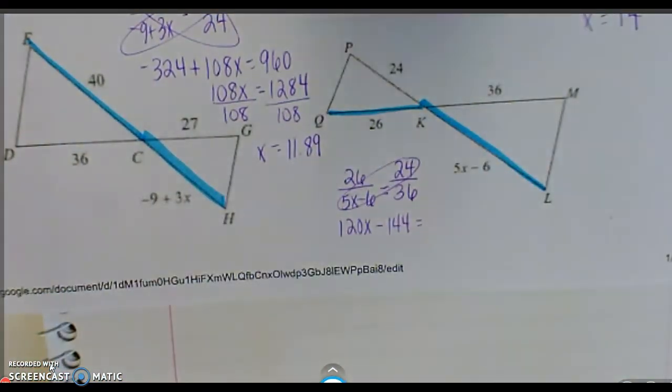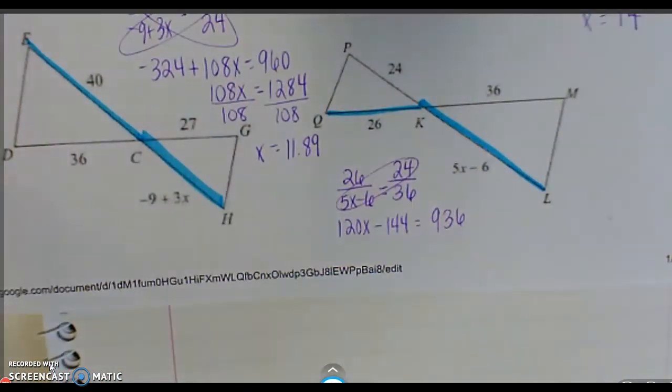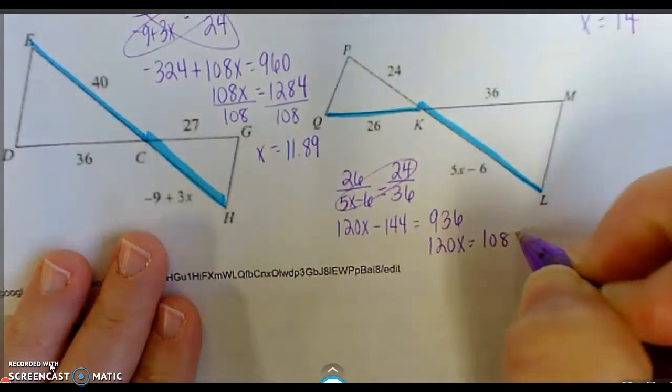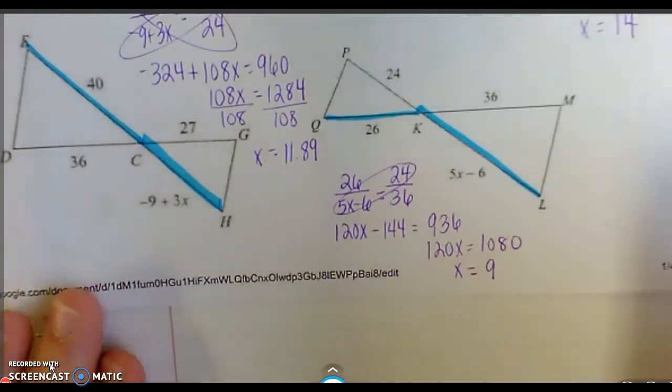And then 26 times 36. Add 144 on both sides. So we get 120x equals 1080. Divide by 120. So x is 9.